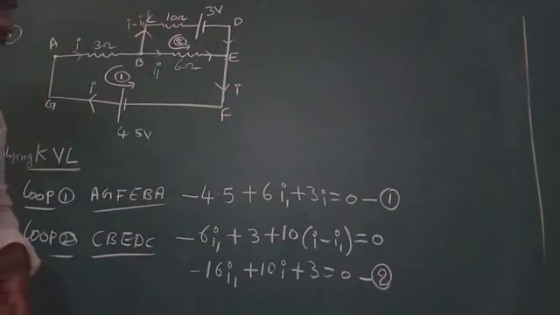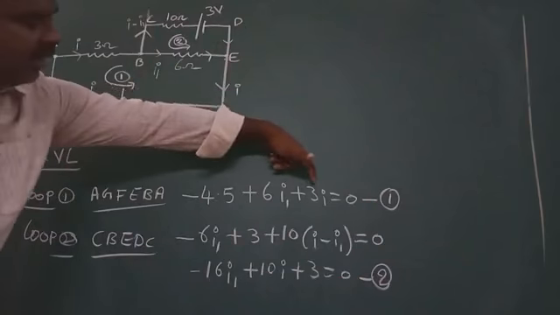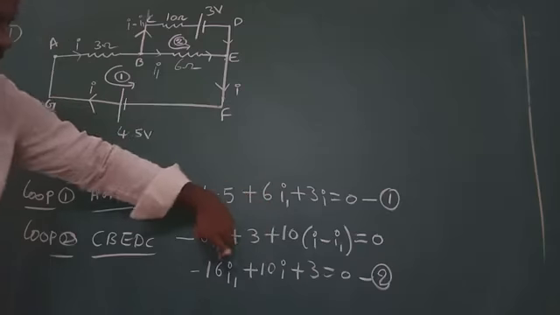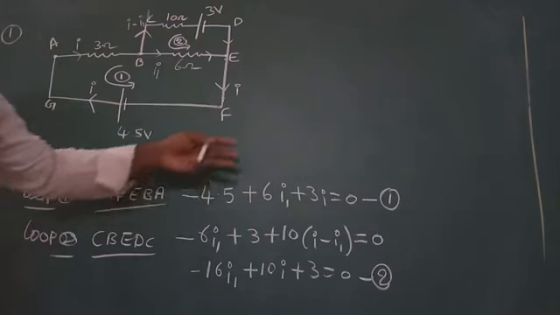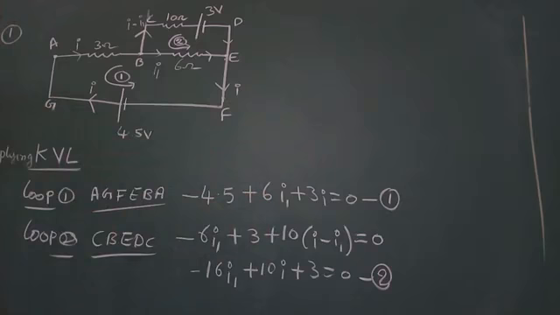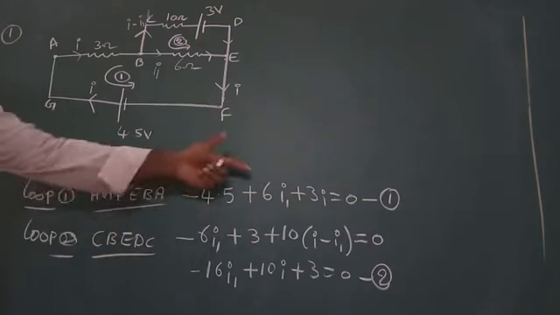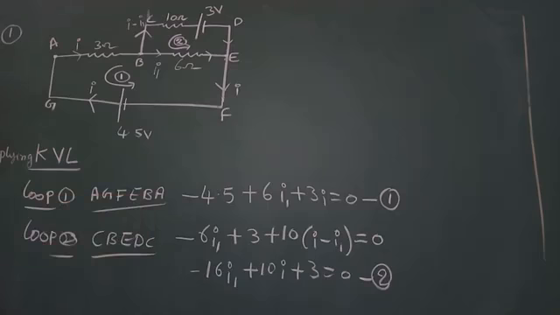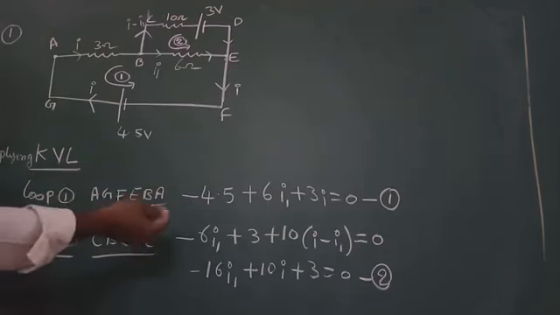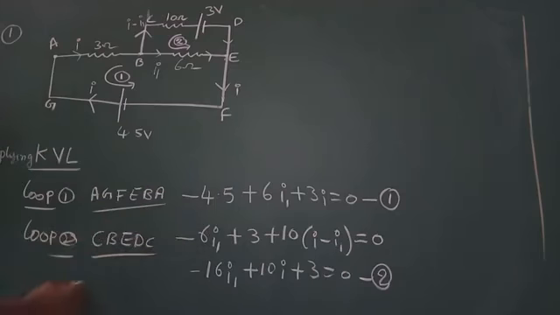From these two equations, two unknowns are there, I and I1. We can cancel any one of I or I1, or otherwise we can write from equation 1.